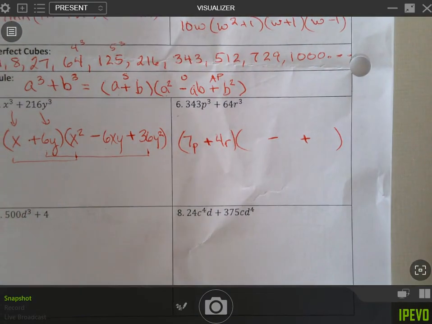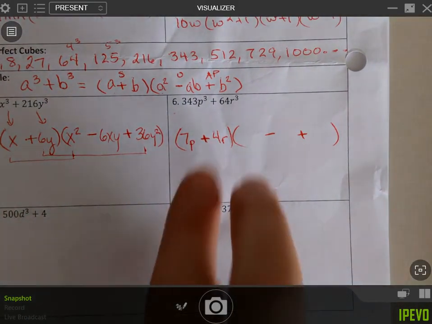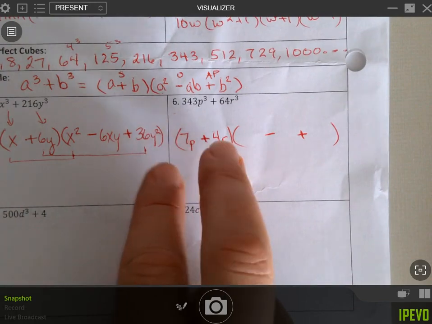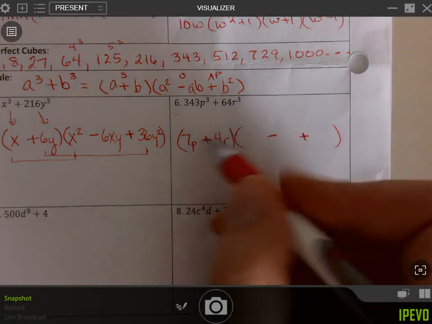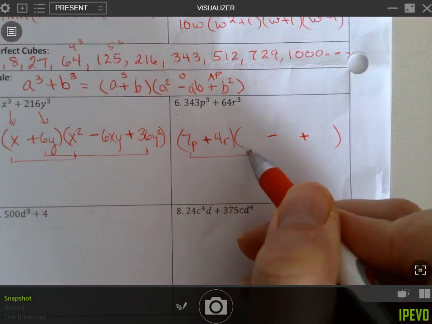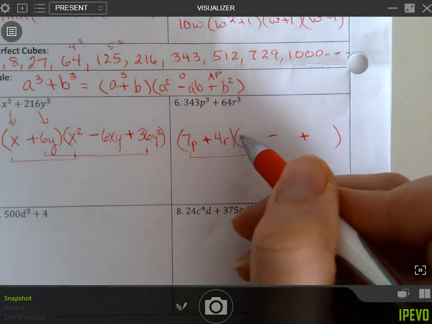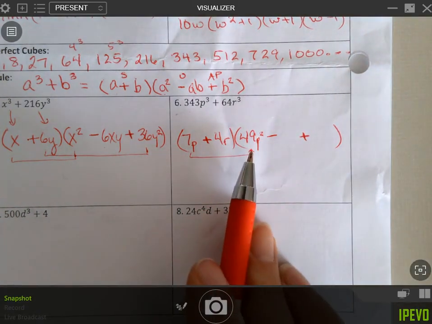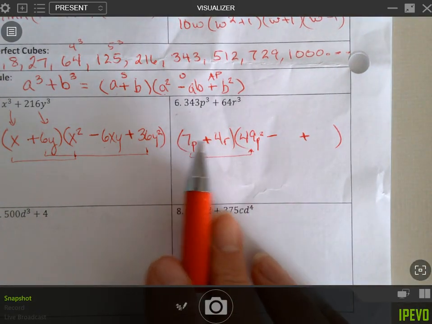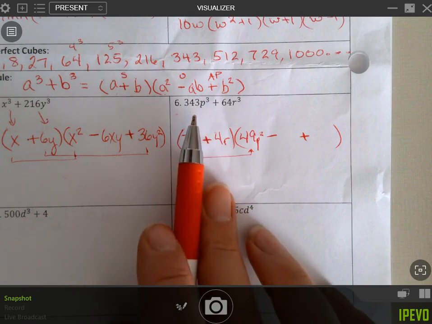Now, you can do this in whatever order you want. My habit is I take the roots, I drop them here, and then I build them back up. That's just how I do it. It keeps it organized for my brain. So I'm going to take this 7p and square it. It's not 7p squared, guys. It's what? 49p squared. That's the mistake. People forget the number. I need 7 times something to get me back 343.